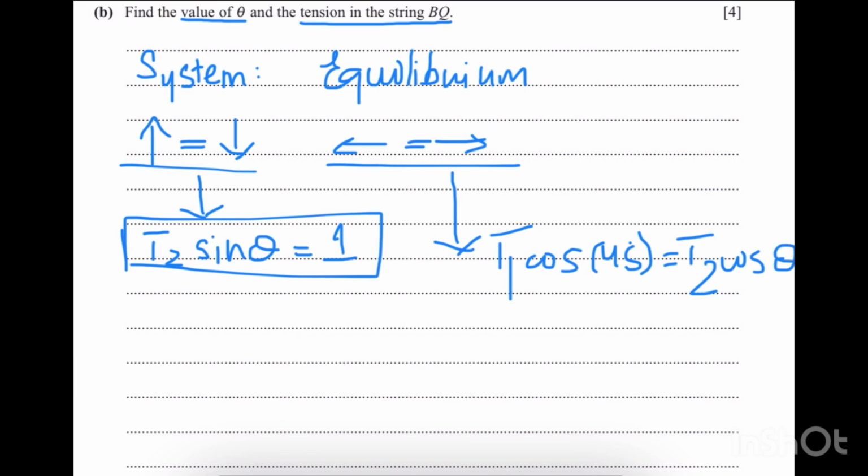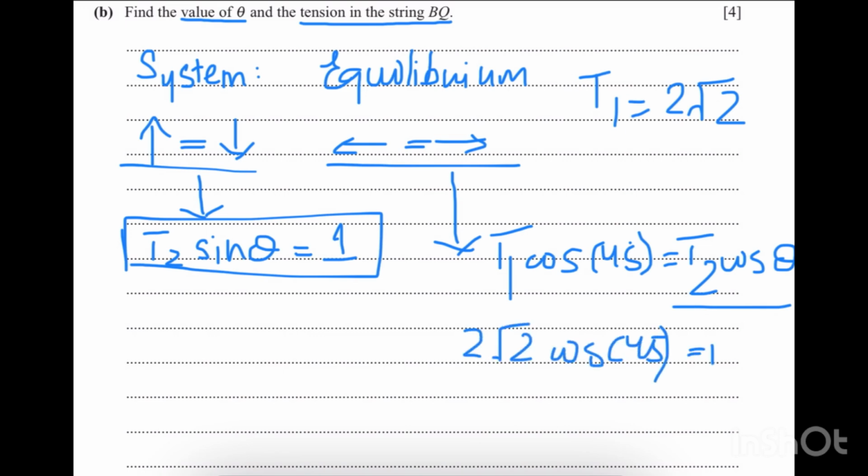So we found out that the value of T1 in the previous part was 2 under root 2. That means that the value T2 cos theta must be 2 under root 2 times cos 45, which was equal to 2. So 2 is equal to T2 cos theta.